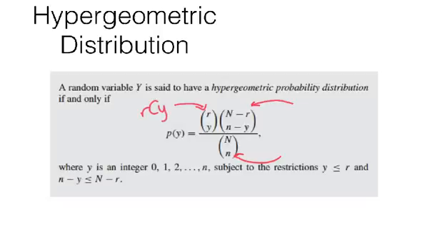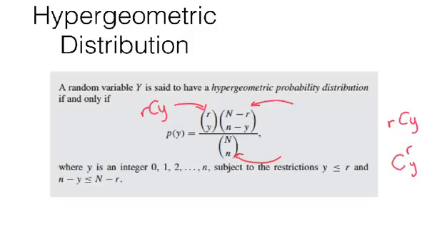Now the combination of R C y, or another way to write it is like this, or like in the formula here of the distribution. So you have three combinations. Those are multiplying.